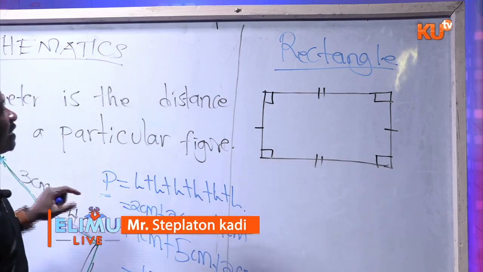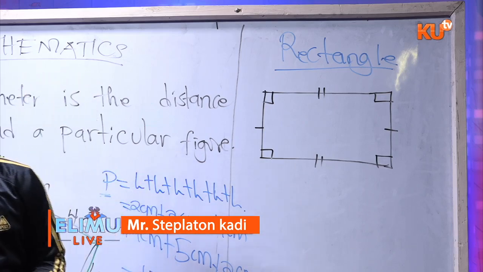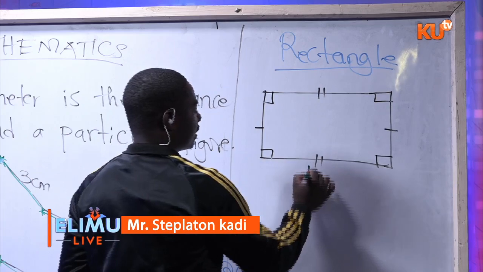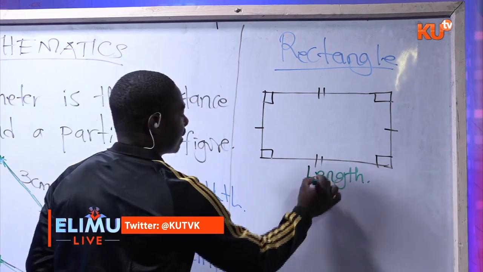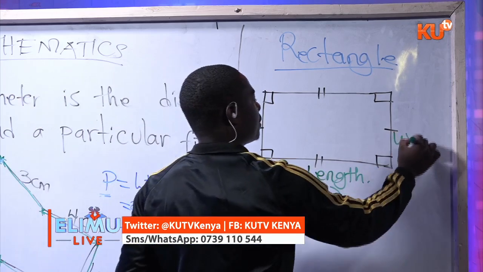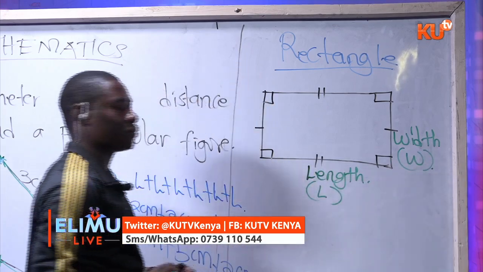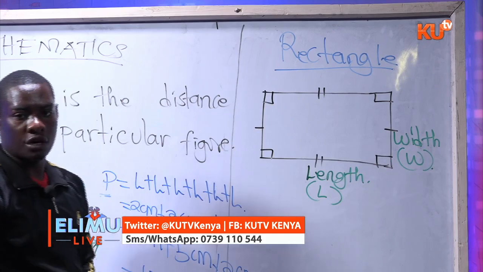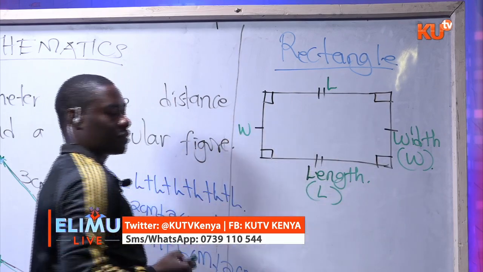Just like in irregular figures, we said perimeter is the distance around a figure. This side of a rectangle is called the length and is always given the letter L. And this side of a rectangle is called the width and is always given the letter W. If this is L and this is the same, it also means this is length and this is also width.